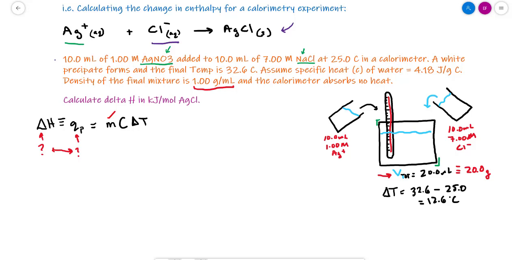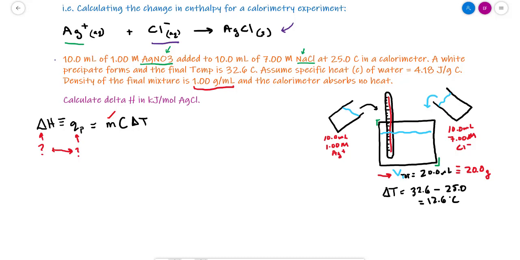In this case, and this is almost always going to be true, we are going to use water as the medium by which the temperature change occurs. Even though we're mixing all these other things, water is still the dominant stuff in solution. So this assumption is probably going to lead to some systematic error in our measurement, but almost always we're going to negate that.